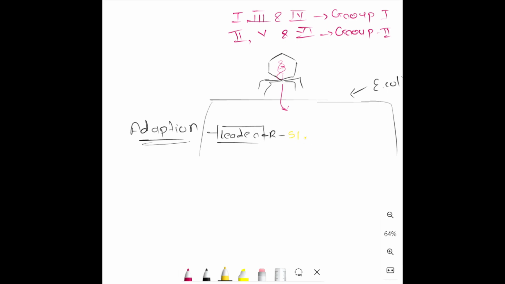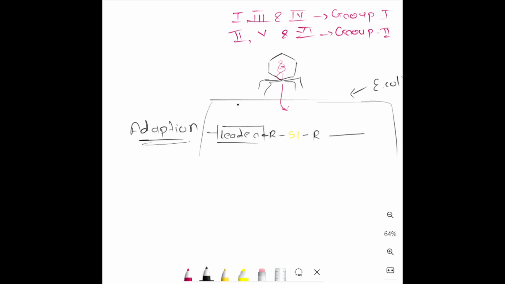Giving it the name S1. Again, this spacer would be followed by direct repeats of 20 to 30 base pairs, and that's it.